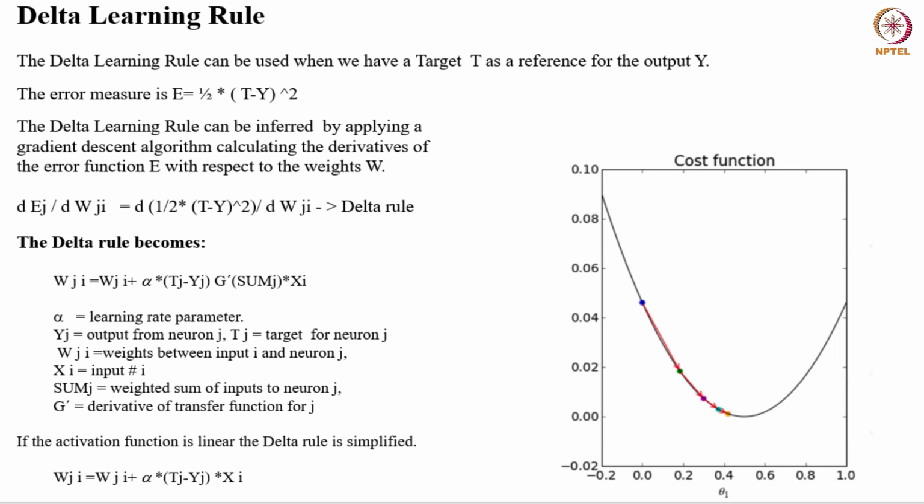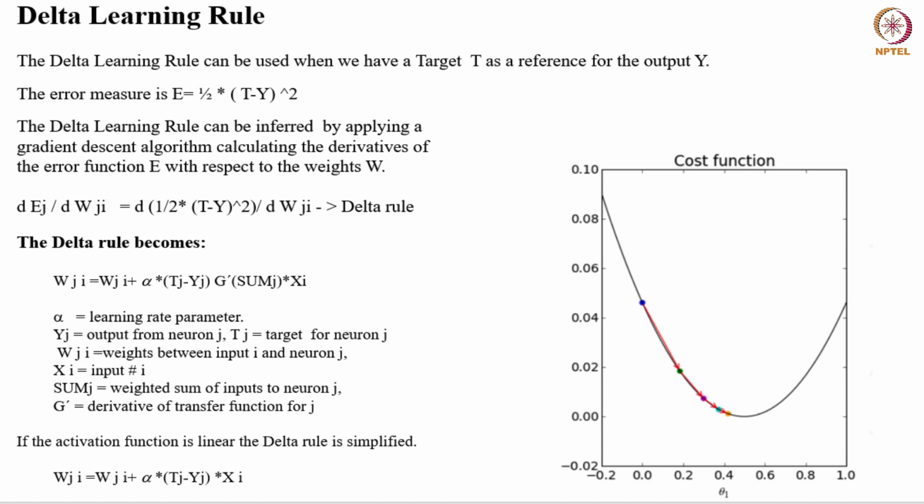The intuition here is, of course, that apart from making the update dependent on the difference between reference and output, and the fact that it could be affected by a damping learning rate parameter, there are two other factors to be explained. The reason why you also introduce the input value here is that you want to normalize this.